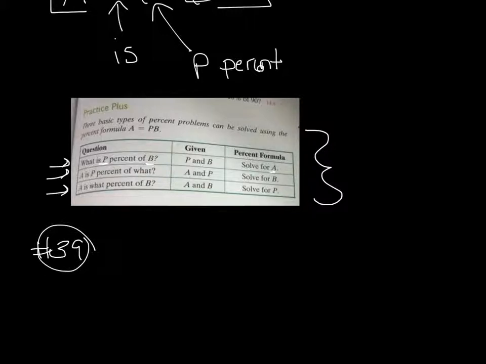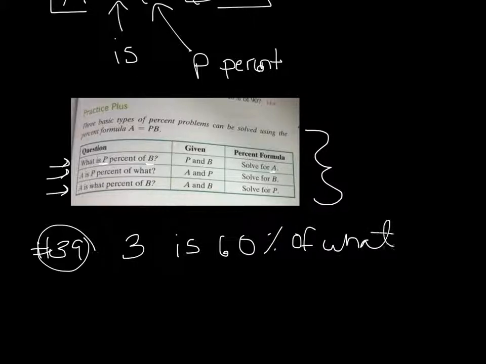Well, linear equations specifically. So if I do, for example, 39, it says the problem is 3 is 60% of what? So again, you can use this box and say it looks like the second one, A is P% of what, right?